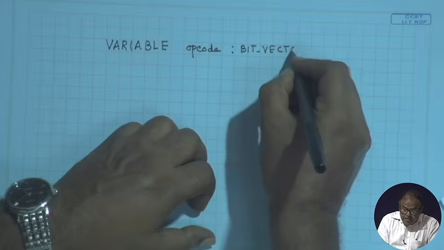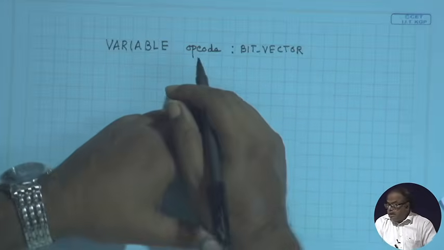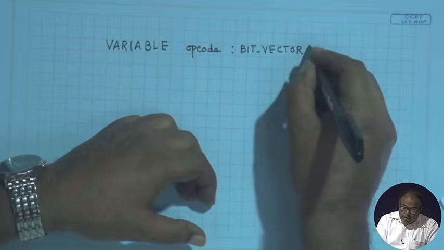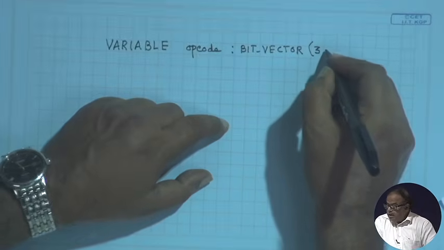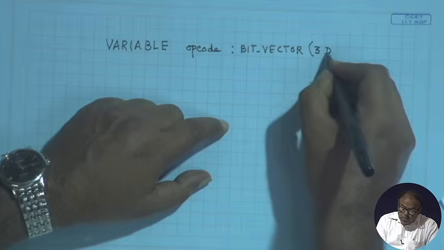This is a type that is predefined in VHDL. Okay. Bit vector. Now, here it is a vector, therefore I write 3 downto 0.